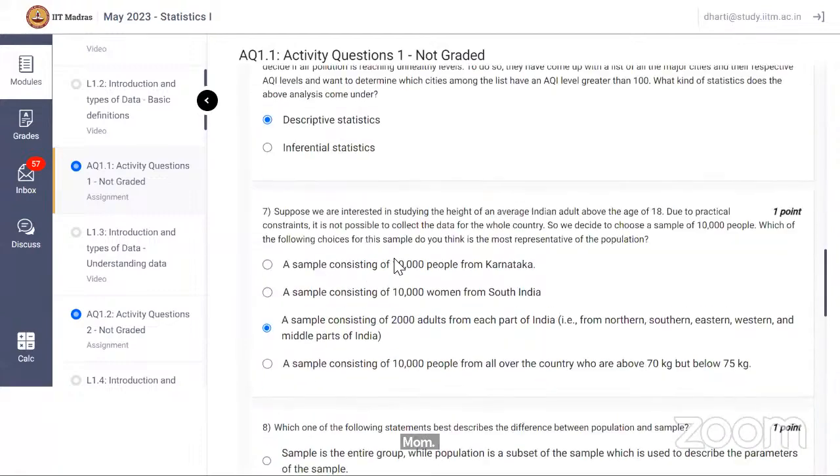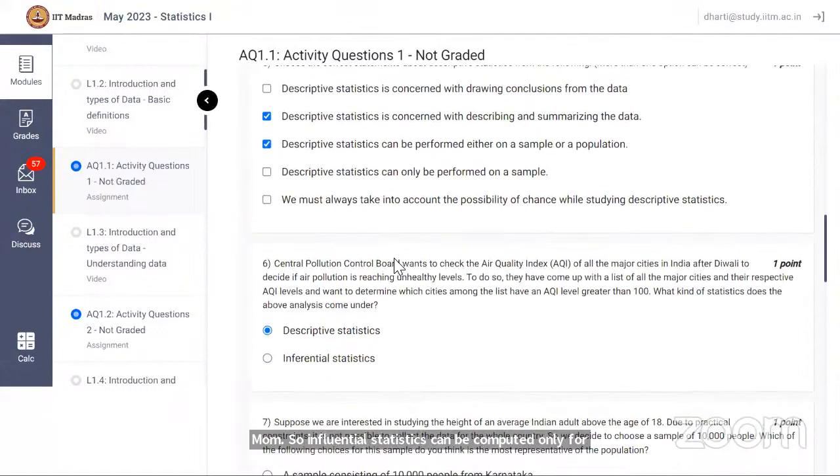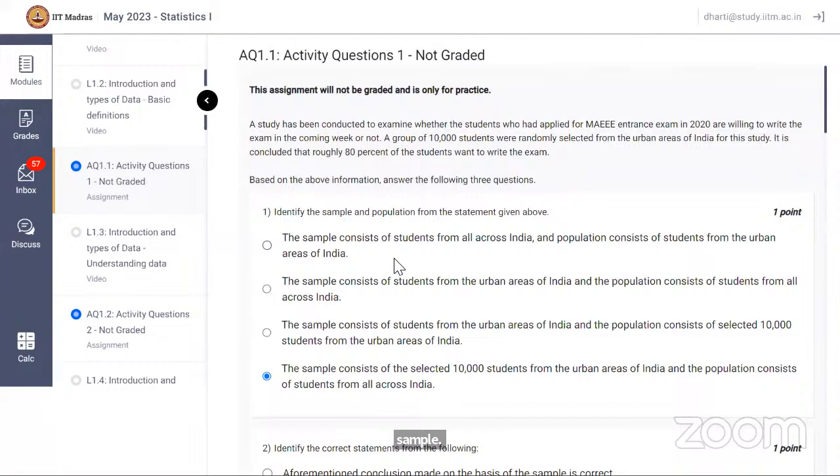Ma'am, so inferential statistics can be computed only for a sample? Inferential is where you study some data and you infer in general. You can infer about things which are not considered in your study's analysis.